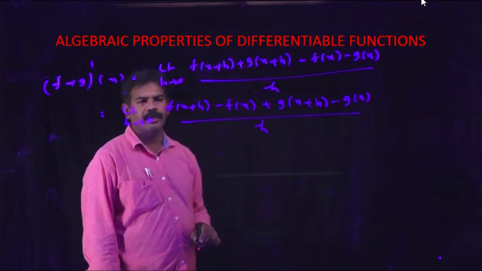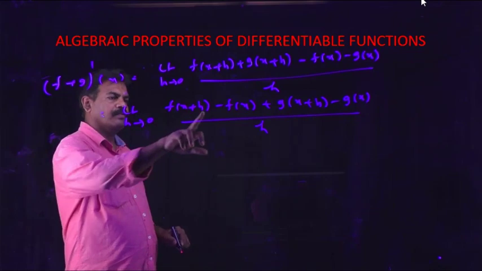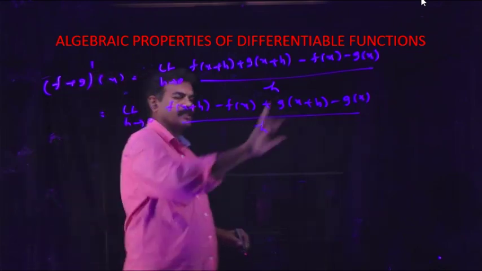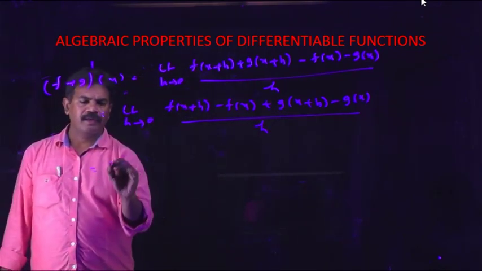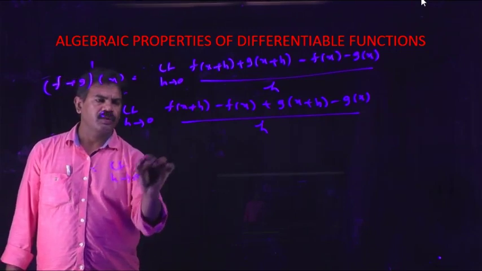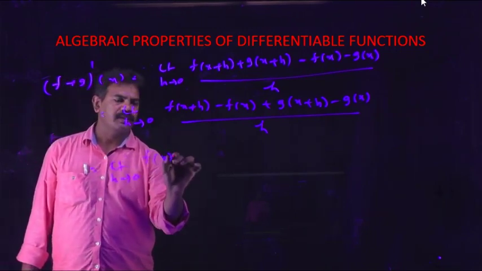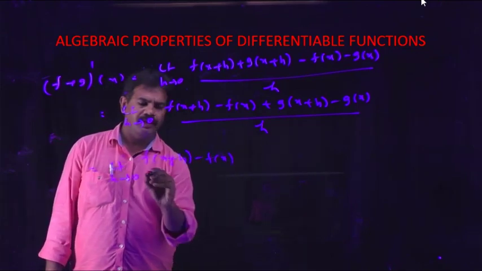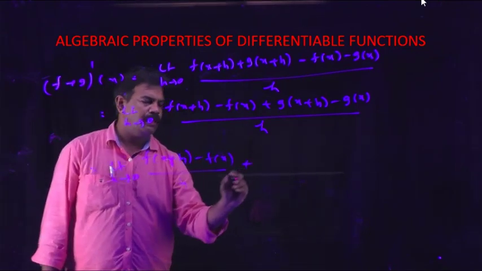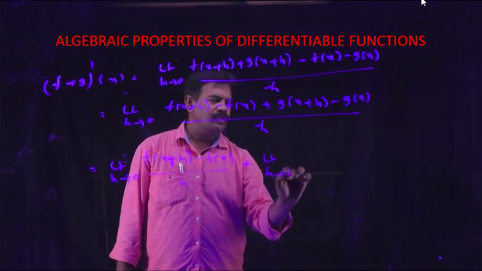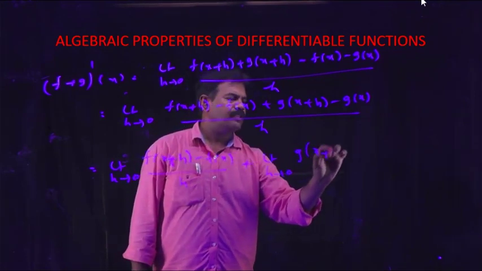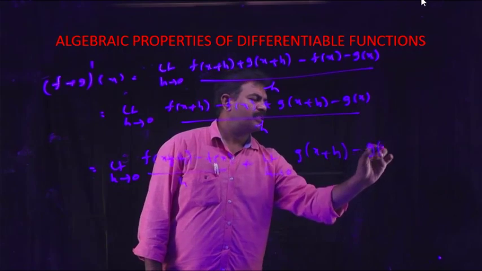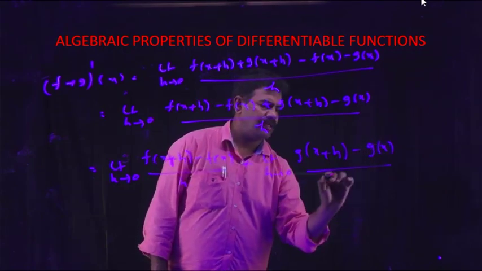So here we write the two limits. One is for this and another is this: limit h tends to 0 of f of x plus h minus f of x by h plus limit h tends to 0 of g of x plus h minus g of x by h.